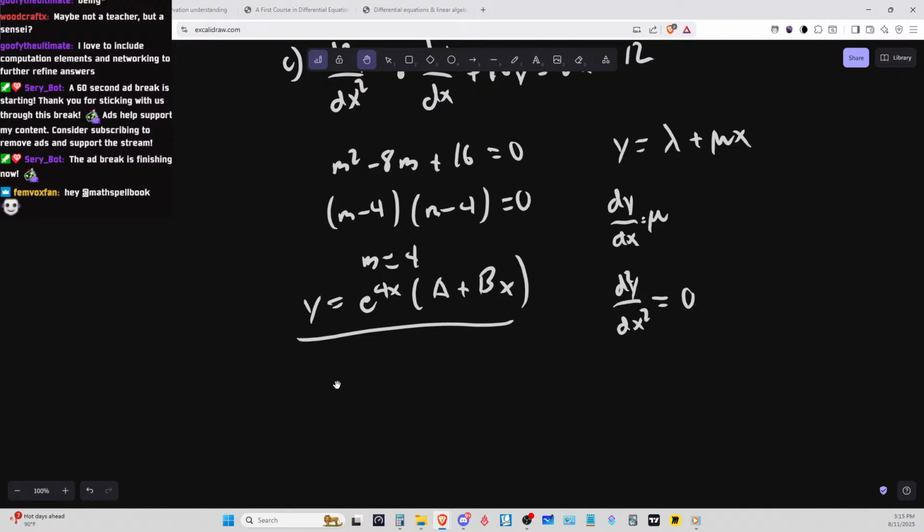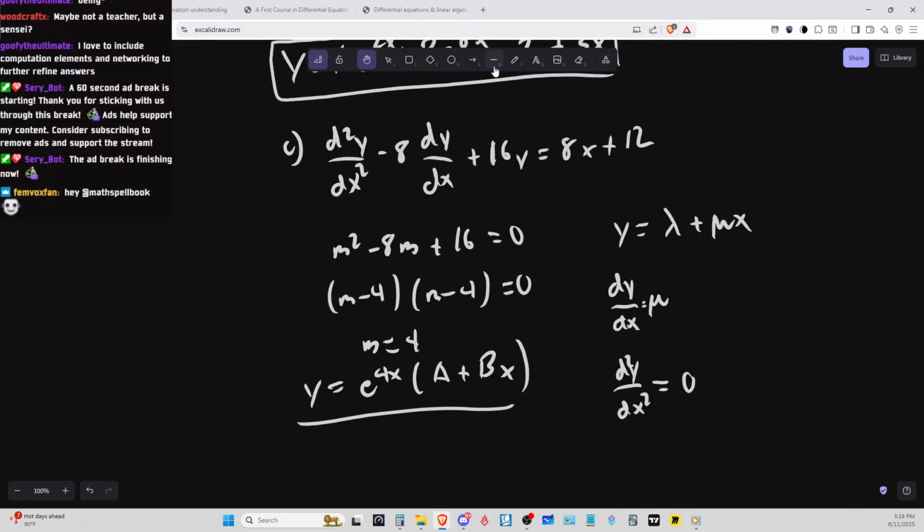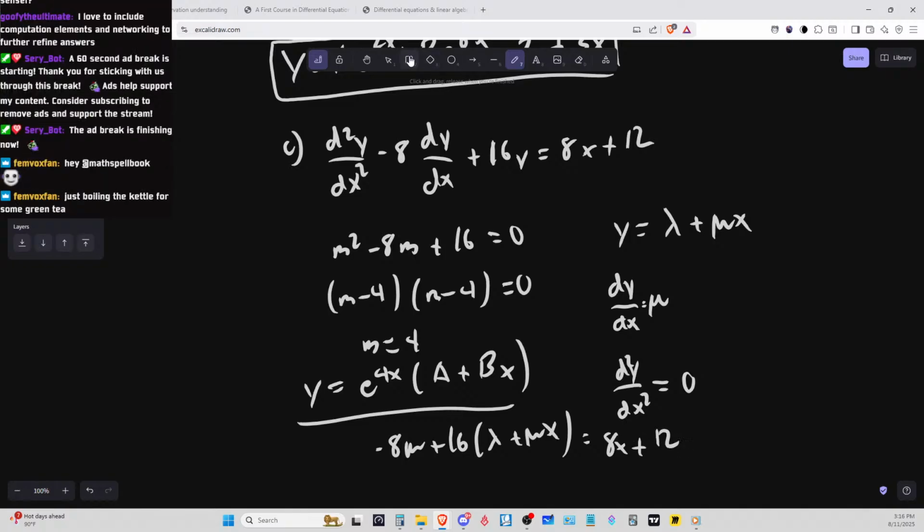Anyway, getting back to what we were doing, so we had negative 8 mu, and then plus 16 lambda plus mu x. That's equal to 8x plus 12.